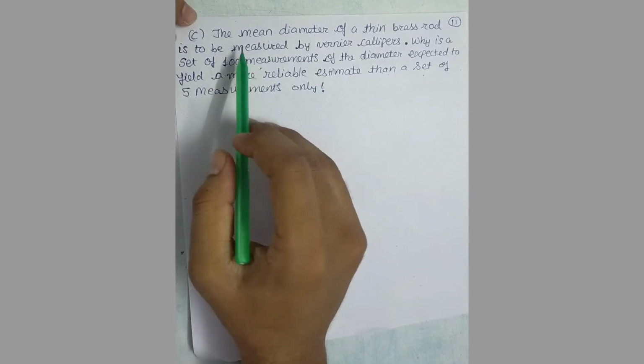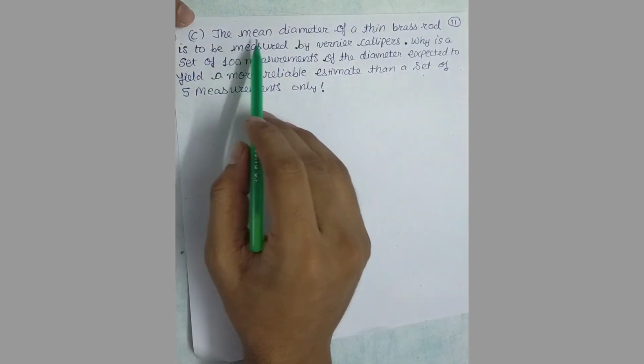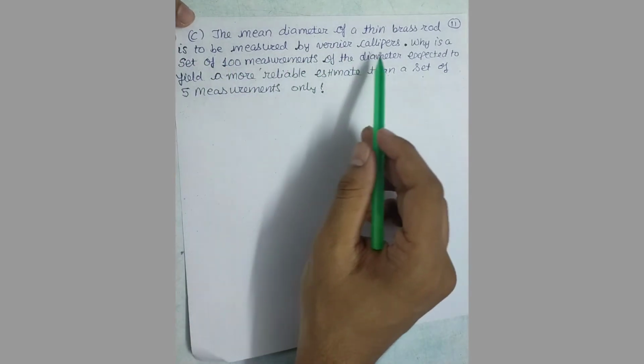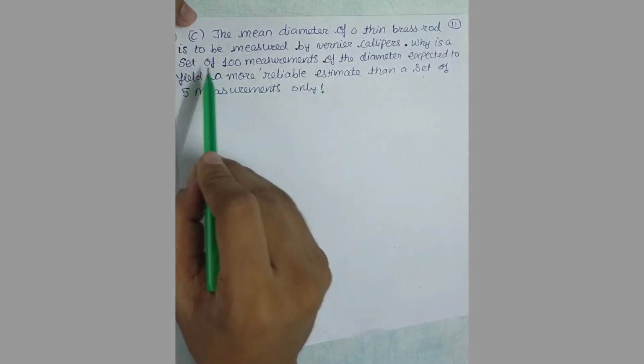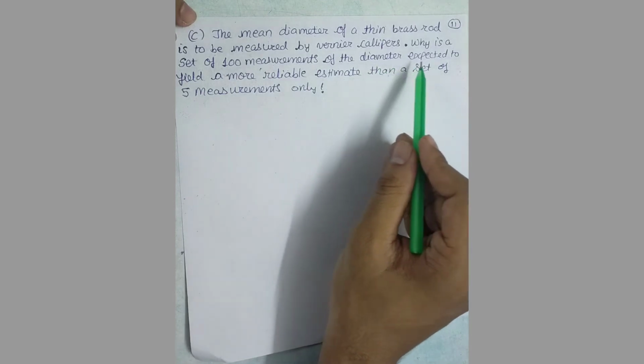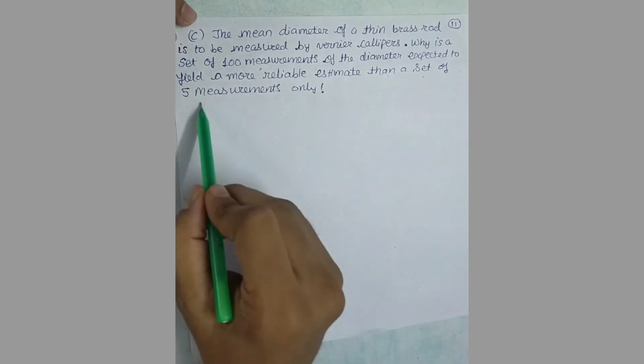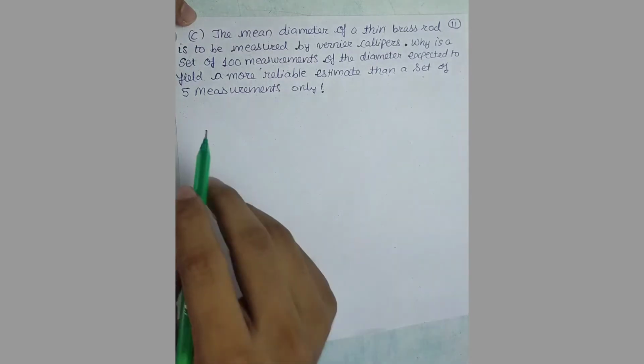Part C of the question tells us that the mean diameter of a thin brass rod is to be measured by vernier calipers. Why is a set of 100 measurements of diameter expected to yield a more reliable estimate than a set of 5 measurements only?